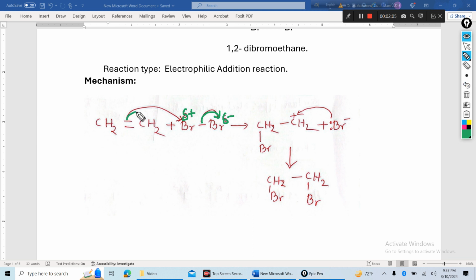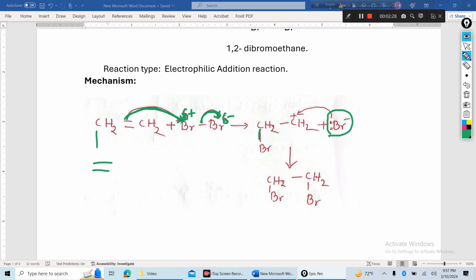Now the alkene pi bond gives electron to the delta plus bromine. So this bromine takes electron, it becomes bromide ion. Now the carbon-carbon double bond, pi bond gives electron to the positive bromine, and this bromine is added to the left carbon.